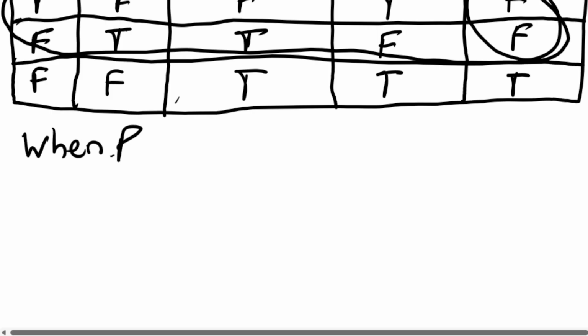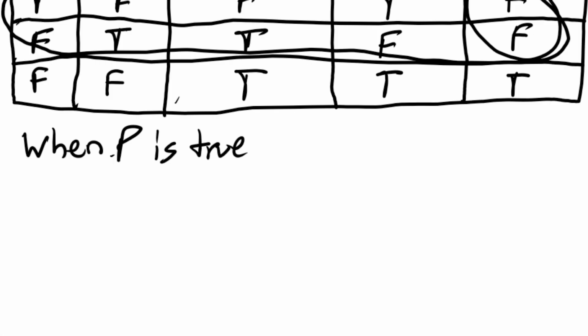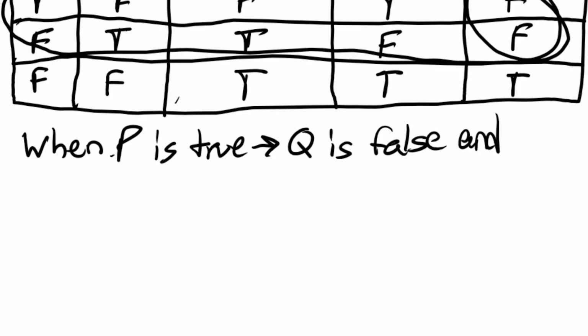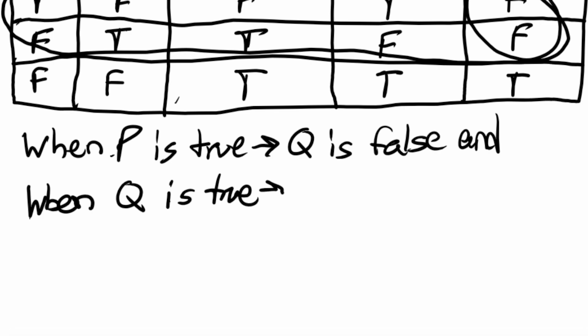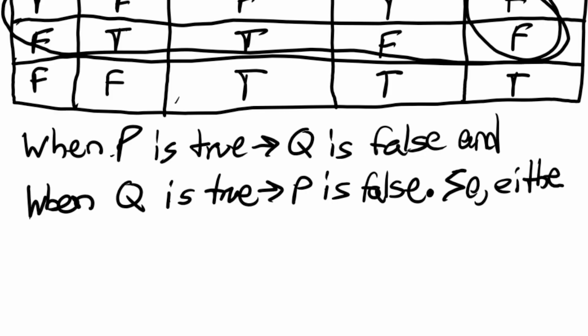So when P is true, Q is false, and when Q is true, P is false. So this particular statement is always going to have an opposing truth value to the two statements, which means the biconditional cannot be true.